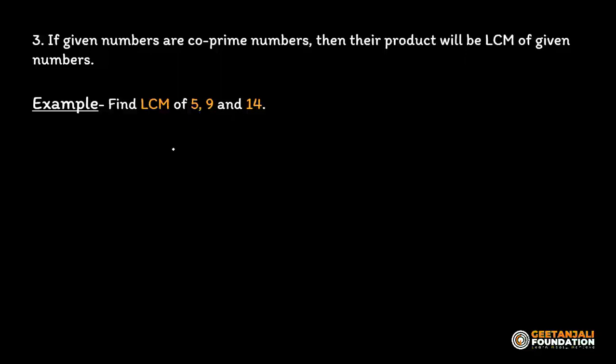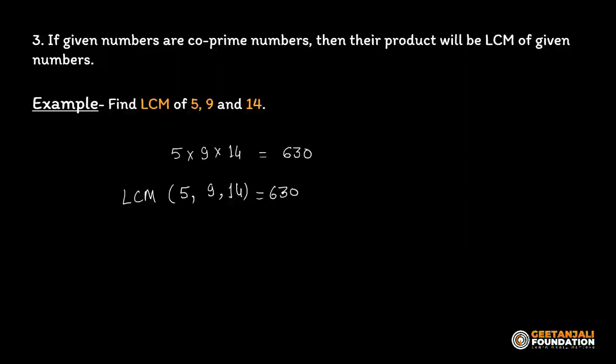So to find the LCM of these numbers, you find their product: 5 times 9 times 14. 14 fives are 70, 9 sevens are 63. So 630 is your LCM. So the LCM of 5, 9 and 14 is equal to 630.